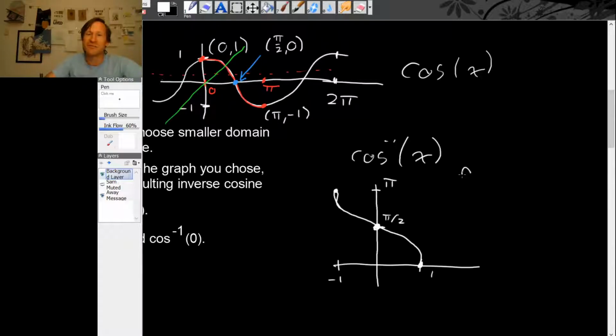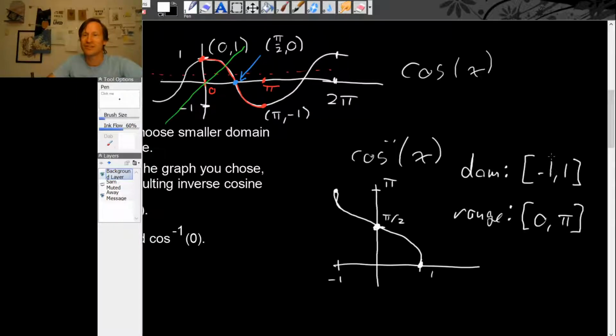Now that we have this graph, we can write down the domain of this inverse cosine function. You can see it's from -1 to 1. That's just all of the input values where the graph exists. The range of inverse cosine is all of the output values that it produces, and that's from 0 to pi.